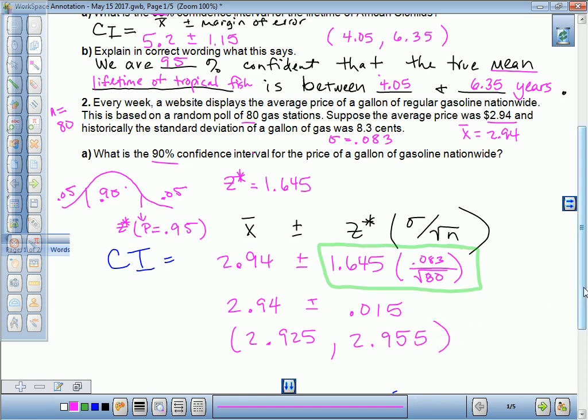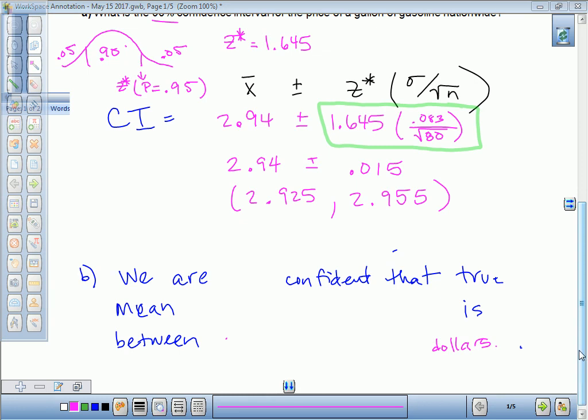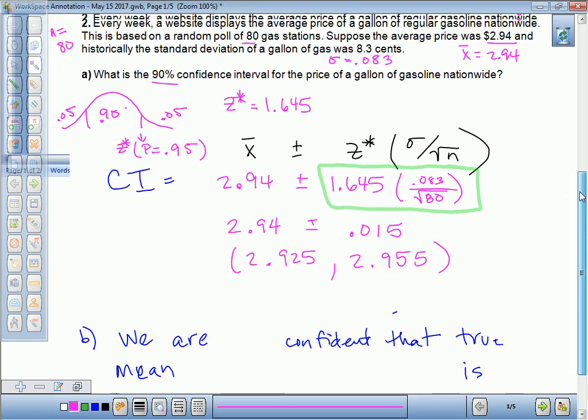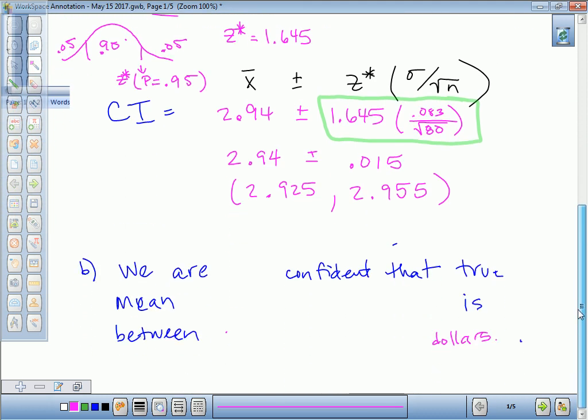Okay, so how would we interpret that? Wait, what is the standard deviation? 0.083 again? Okay, so because we were in dollars here, we had to take the cents and change it into the same units. Okay? So now we're filling in the blanks.